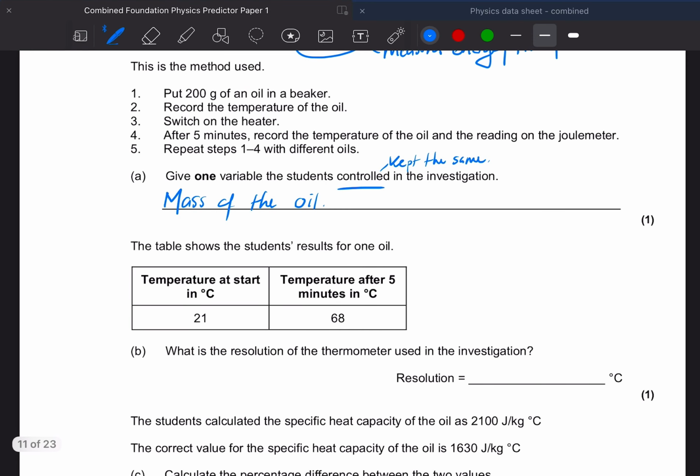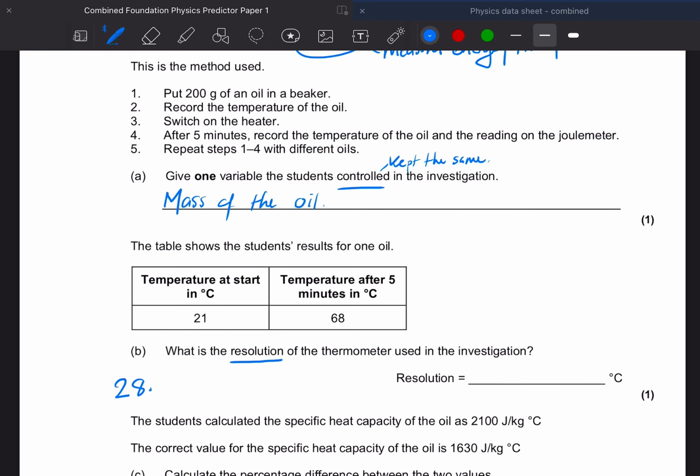Here we have got the student's results. What is the resolution of the thermometer used in the investigation? Resolution means the lowest value between numbers that you can distinguish. So for instance, if I had 28.2 and 29.7, I'm going up in point ones, so that could be expected.